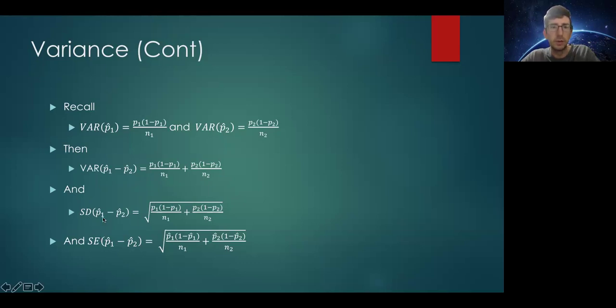And so if that's the standard deviation, then our standard error for our sample proportions, remember, we just plug in those sample proportions in place of the population proportions because for confidence intervals and hypothesis tests, we don't know about our population, right? We're trying to create an interval that contains the population for confidence intervals, or we're trying to make claims about our population in a hypothesis test.